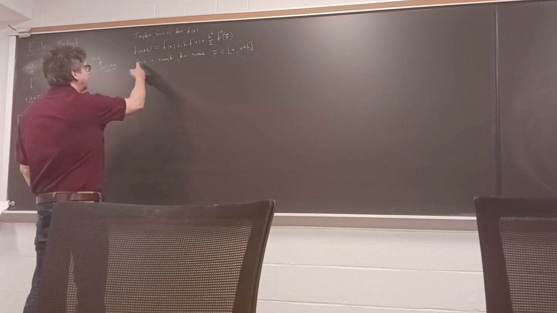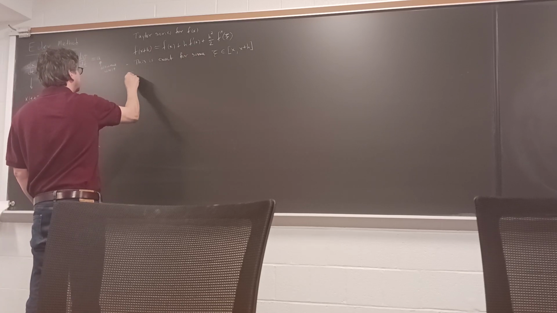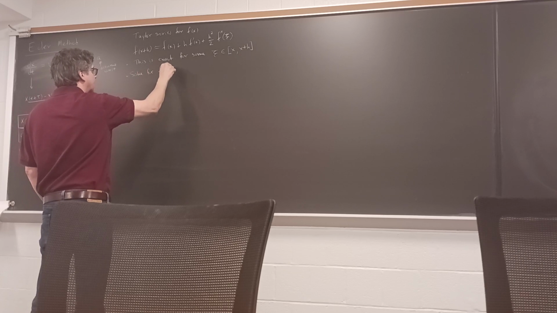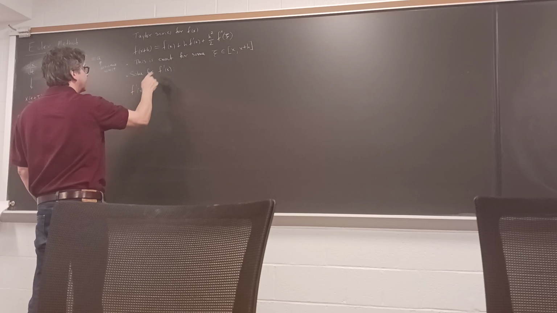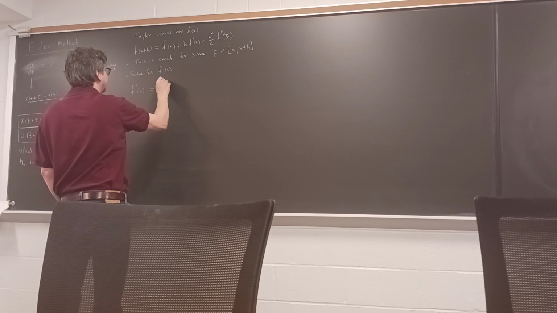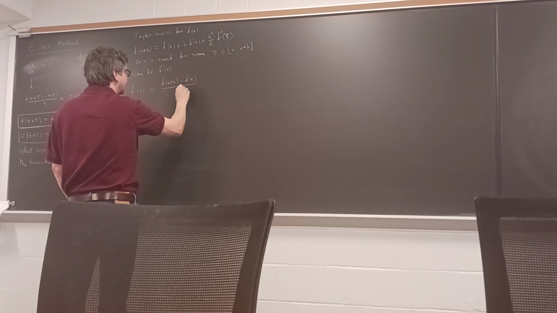So let's again solve for f prime. So we'll have f prime of x. Now this is f at x plus h minus f at x over h.